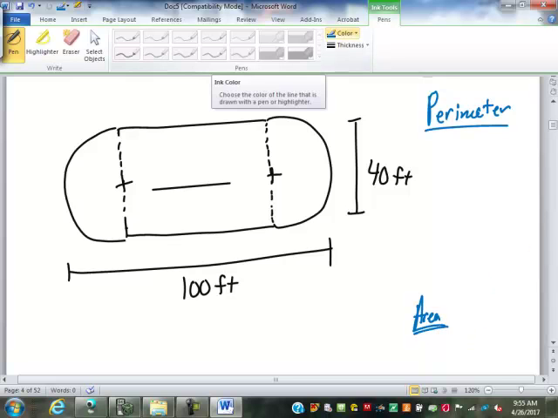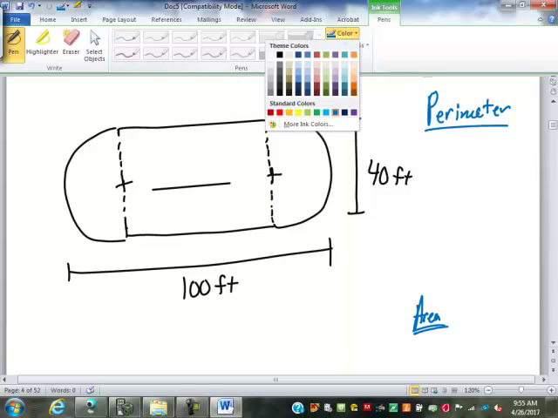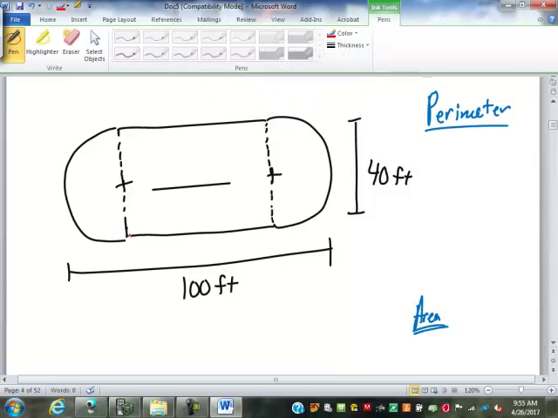Well, the perimeter, remember, perimeter, I just add up sides. How long is this side here? Well, no, 100 goes all the way out to the ends. What is the radius of this half circle? Yeah, the whole diameter is 40.